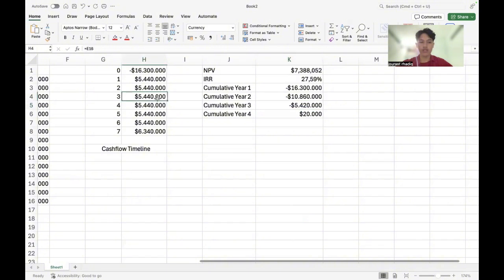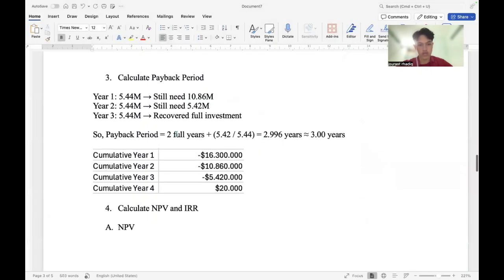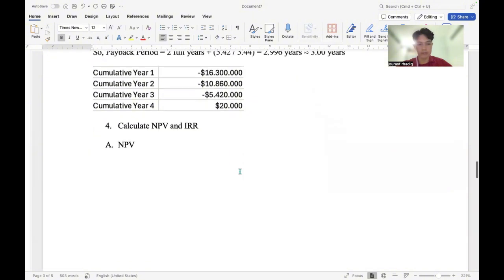Then in the third year, they got the same money as the last year, and in the fourth year they already got profit. So how long do they need to get the payback period? It is 2.996 years, and we round it to 3 years. So around 3 years to get the payback from the initial investment.